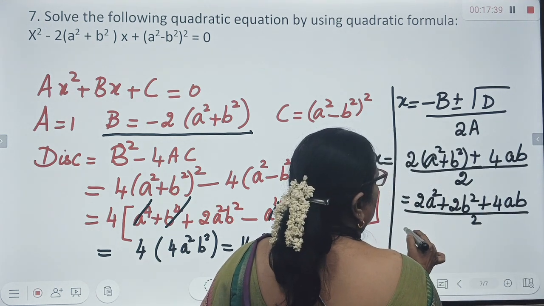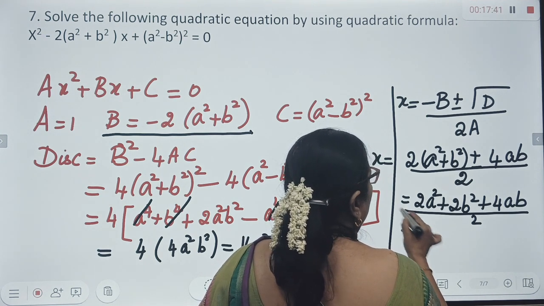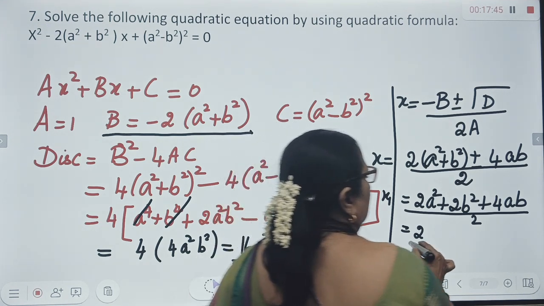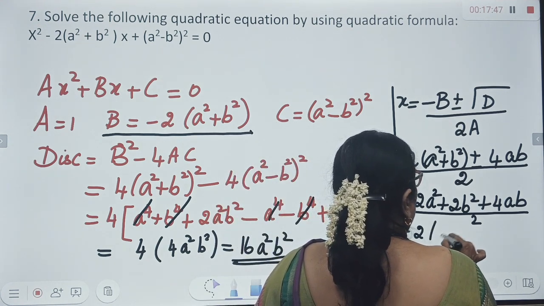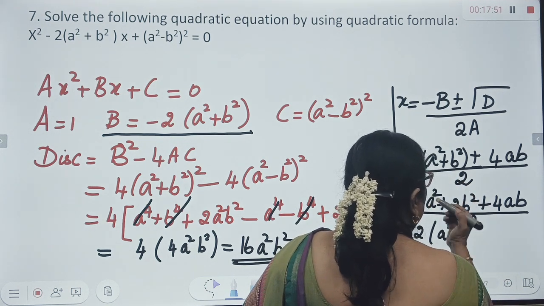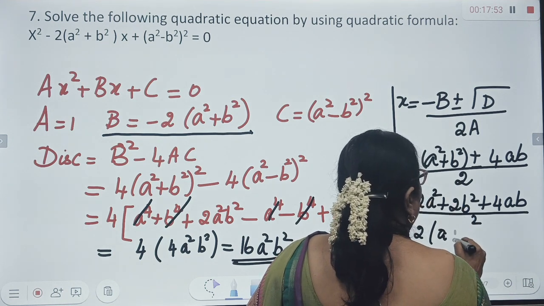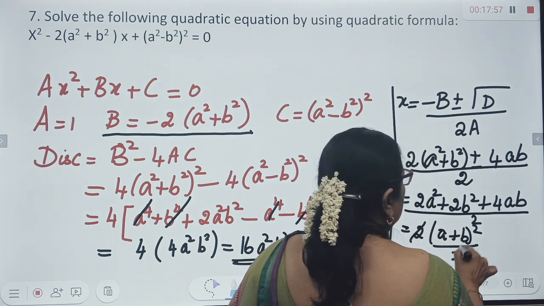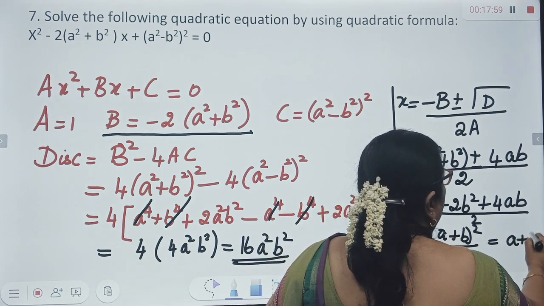Okay, which can be written as what? 2 into one solution, x1, is 2 into a square plus b square plus 2ab. So I can write it as 2 into a plus b the whole square by 2, which is a plus b the whole square.